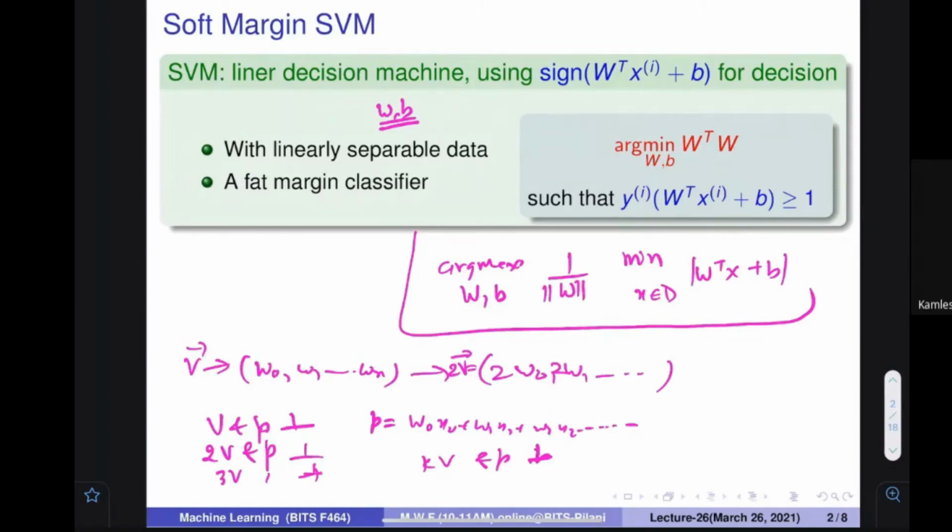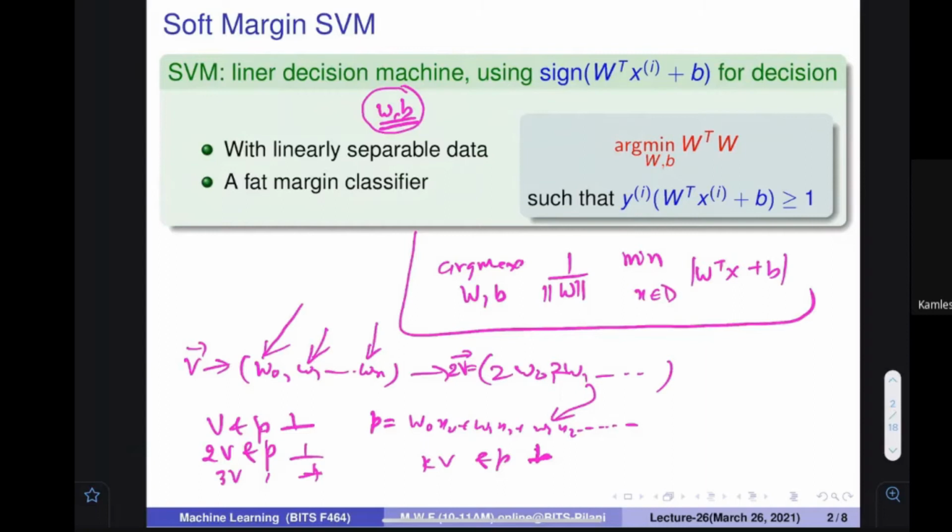It means that if you want to specify a plane using these W's, multiplication by any constant is not going to have any effect. Can you understand this? Because it is the same thing: using this also you come up with this particular plane only.